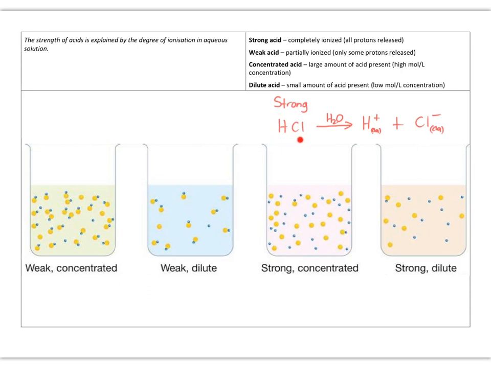Very, very few will stay combined as HCl. They will all basically break apart, so all of these hydrogen ions are available to be donated. So this reaction basically goes all the way over to this side.